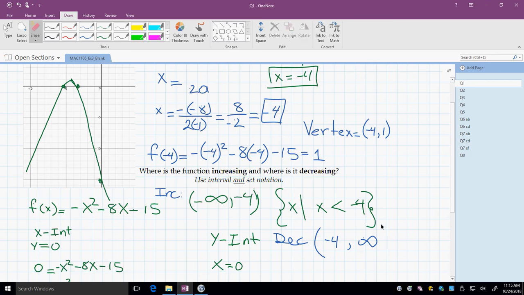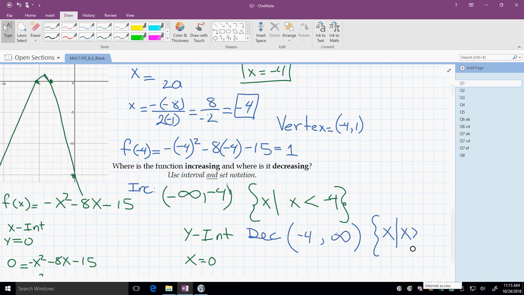Close parentheses. Now set notation is going to be: open a curly bracket, x such that x is greater than -4.